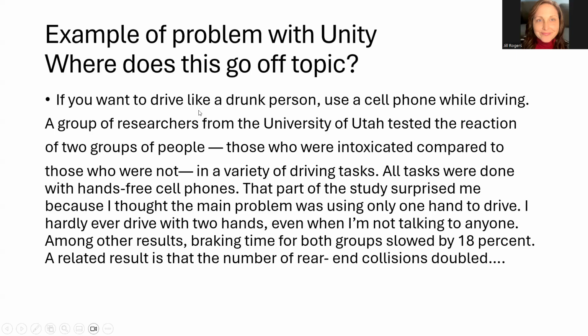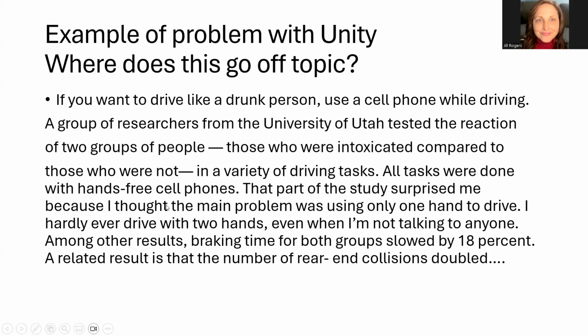Okay, if you want to drive like a drunk person, use a cell phone while driving. A group of researchers from the University of Utah tested the reaction of two groups of people, those who were intoxicated compared to those who were not, in a variety of driving tasks. All tasks were done with hands-free cell phones.